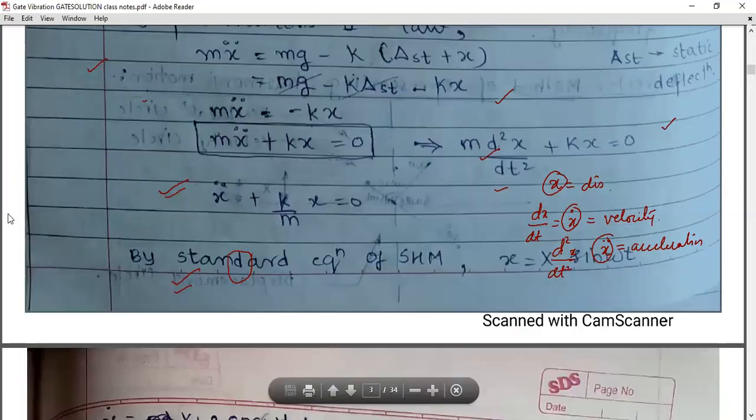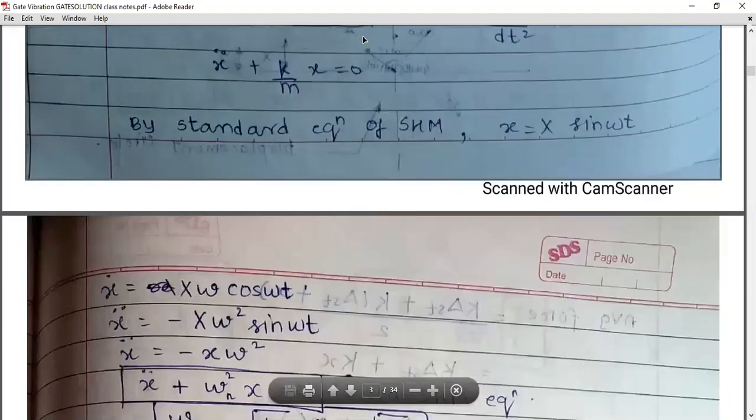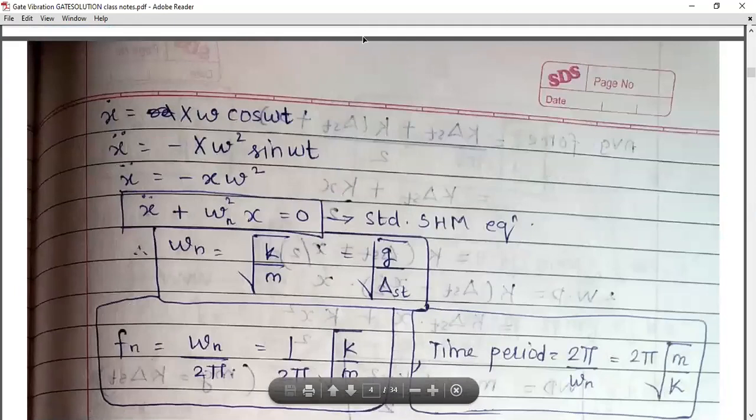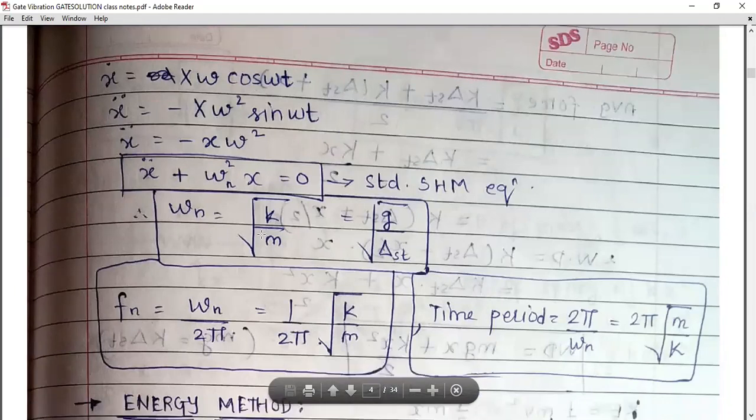Now you can see that x double dot, this equation you have written, is the standard simple harmonic equation. So omega n can be written, if you compare this one, as omega n equals under root k by m. This is important.